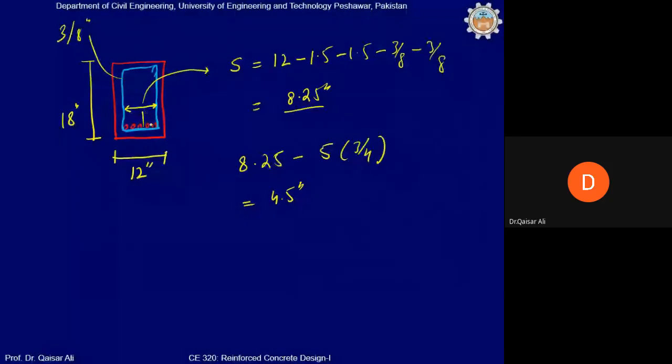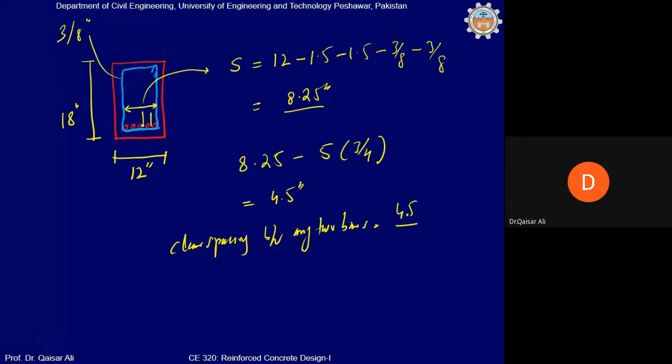Now, what will be the clear spacing between any 2 bars? So this is the total space available between these bars, 4.5. The clear spacing between any two bars will be equal to this total available spacing divided by the number of spaces.